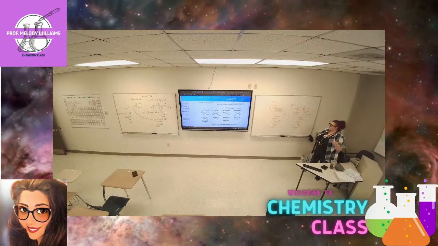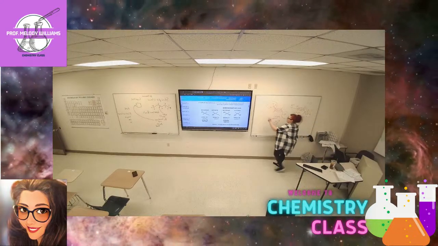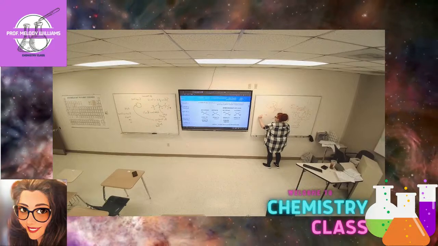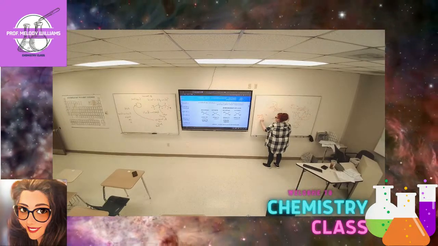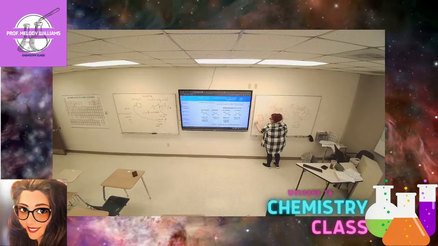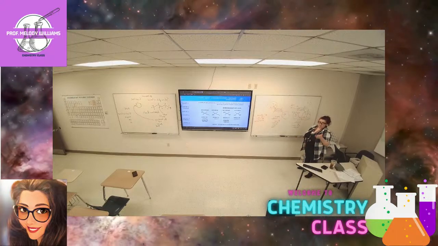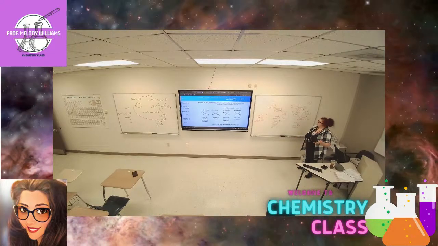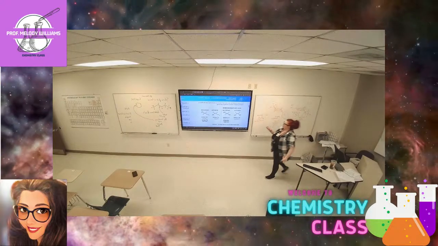So if your brain starts to get muddled, think: electrons do not like to be near each other. And if you have to think, is this structure stable? Look where all the electrons are. You've got two bulky groups.